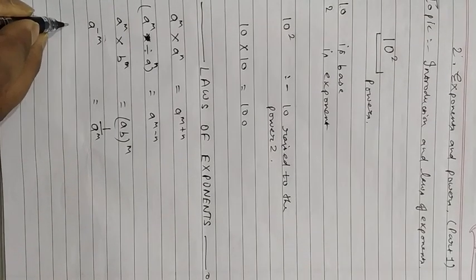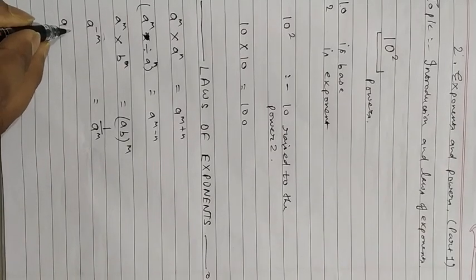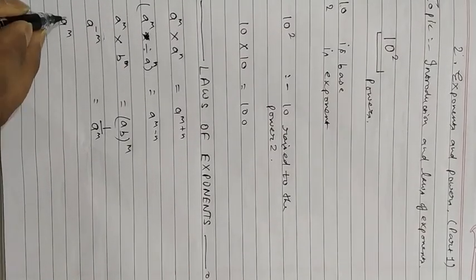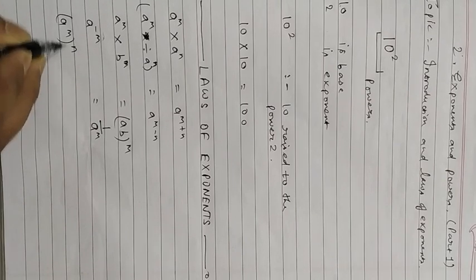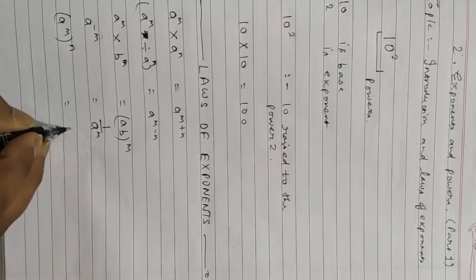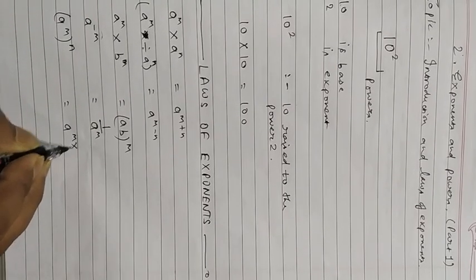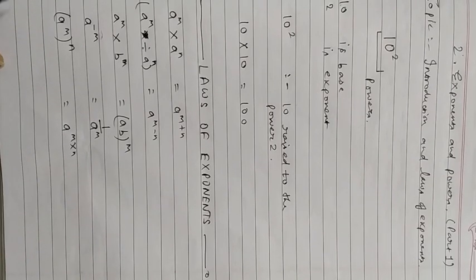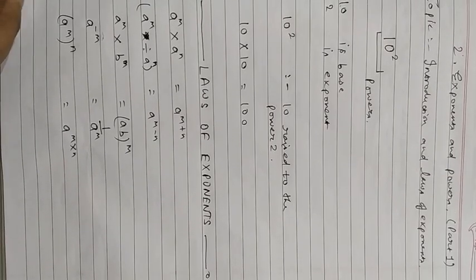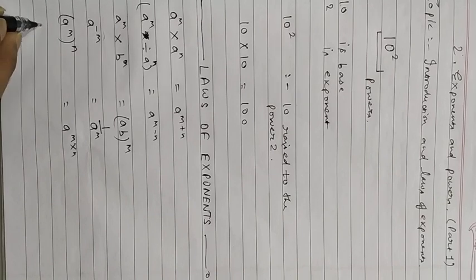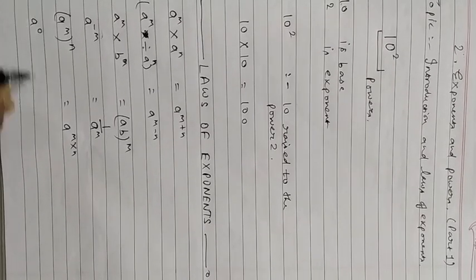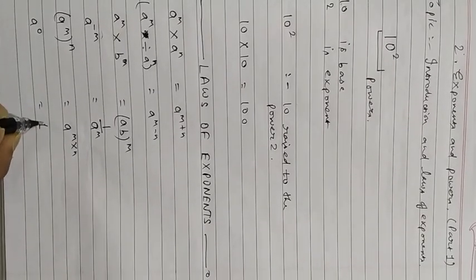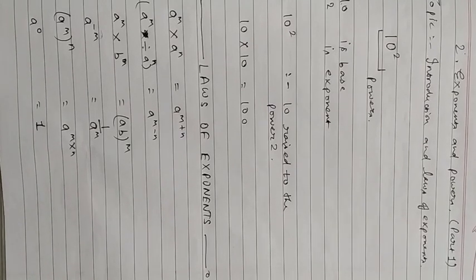Next law is that whenever any base has a power and there is a power over this power, then both the powers are multiplied. Last is whenever any base has a 0 power, its value is 1.